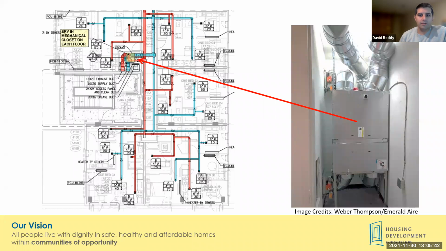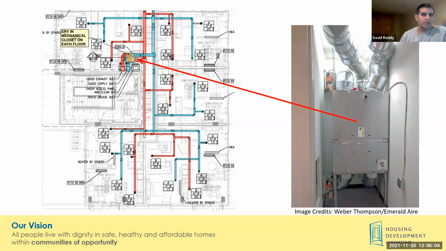And that is I would say the biggest challenge, is coordinating that ductwork. It does not require space within the dwelling unit for vertical distribution, but it does take that valuable floor-to-floor space in the corridor.